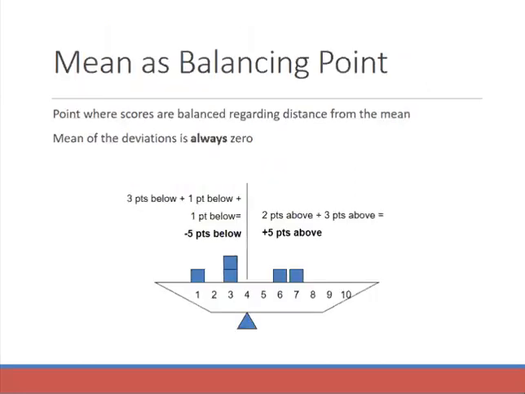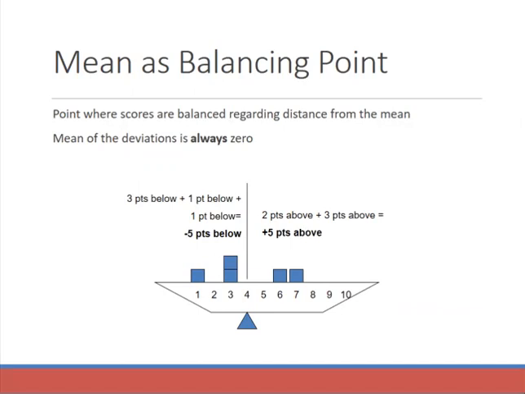When we're looking at these deviations, the mean is the point where scores are balanced regarding the distance from the mean. So the mean of the deviations is always 0. You'll have an equal number of deviations above the mean and below the mean.